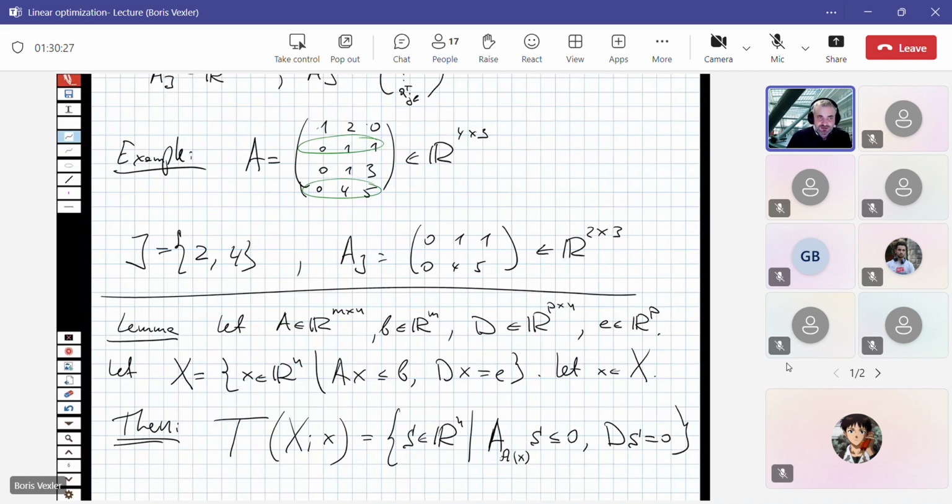This is exactly our tangential cone, and it will be proved now.